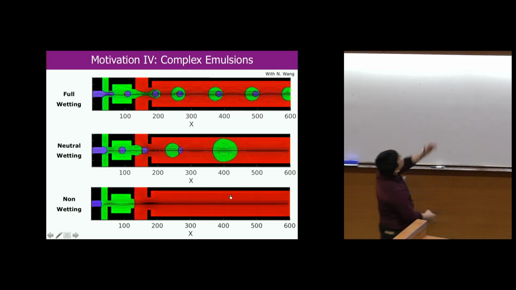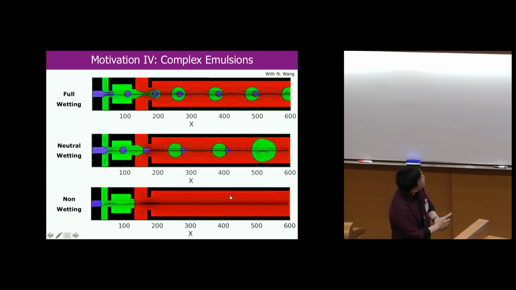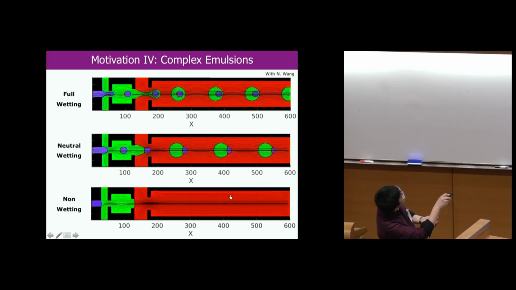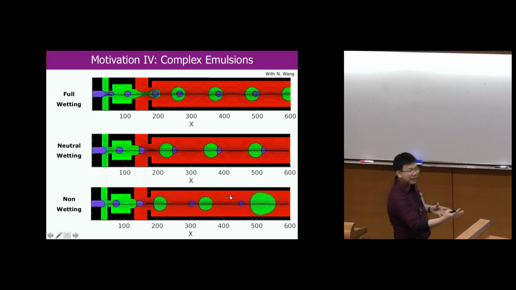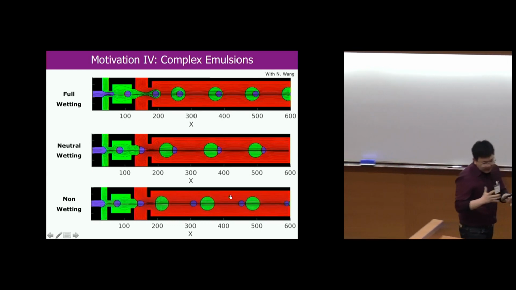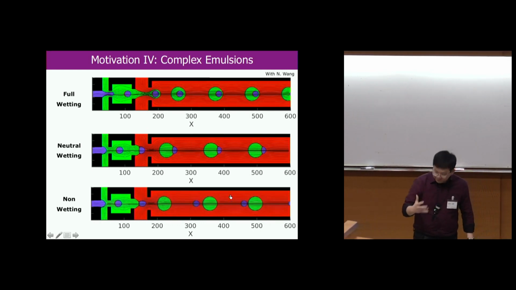What I've shown you here is that by simply changing the surface tension, we can get very complex behavior, from what we call double emulsion, complex emulsion, to a Janus droplet. This might be interesting for self-assembly, whereas if you change the surface tension, so this is non-wetting, you see that the droplet gets expelled.